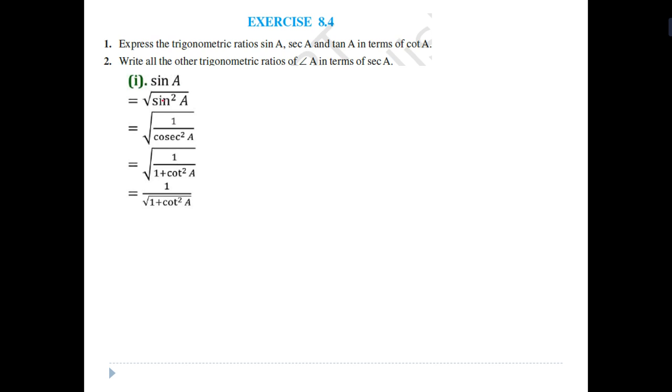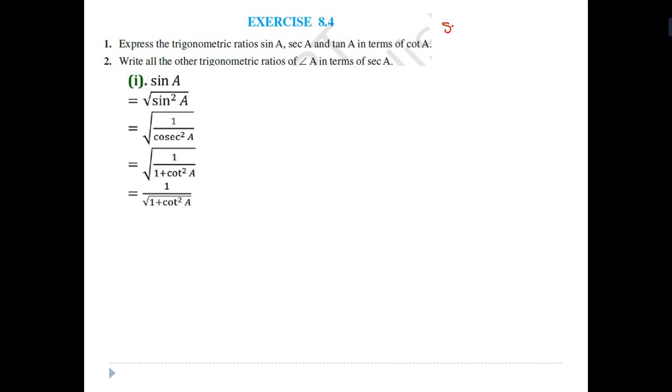Sin A is under root sin square, same thing under root 1 plus cosec square A. Cosec means 1 plus cot square. 1 plus cot square A is equal to cosec square A. So I was using the wrong identity in the earlier sum. 1 plus cot square is equal to cosec square. Again I write all the identities; we have to remember them anyhow.